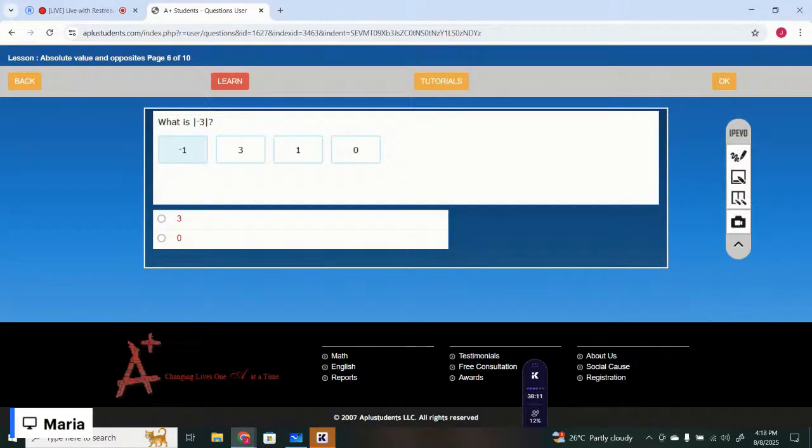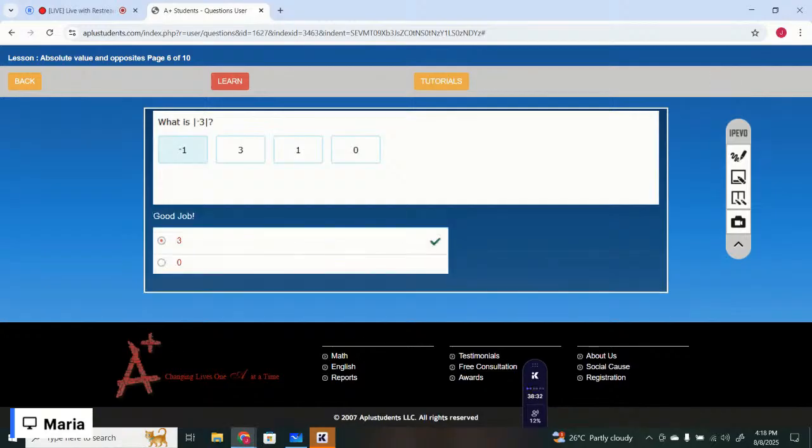What is the absolute value of negative 3? That would be 3. Option number 1 is the correct option.